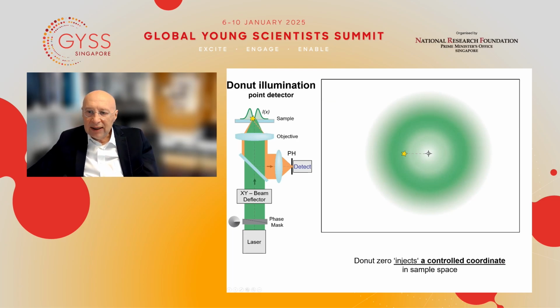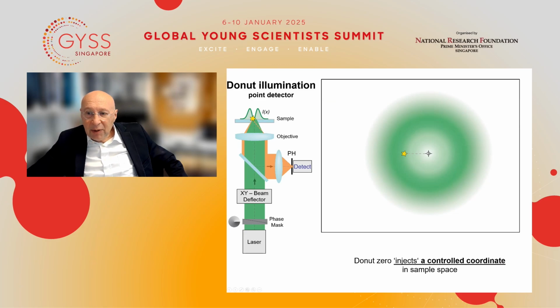And then the whole localization process, finding out the position of the molecule, boils down to finding out where the molecule is with respect to the known position of the donut zero. So since we know where the donut zero is, where this minimum is, once we know where the molecule is in relation to that donut zero, we know where the molecule is in absolute terms, within the focal plane.